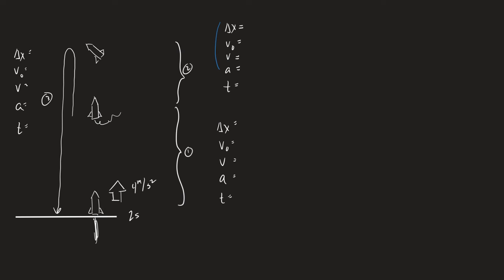So you need to identify what direction you want to call positive. You don't have to be the same throughout the entire problem, but it's probably better for you if you are. So do you want up to be positive or down to be positive? Okay. So I'm going to make down positive because all of you want up to be positive, and I'm doing it on purpose.